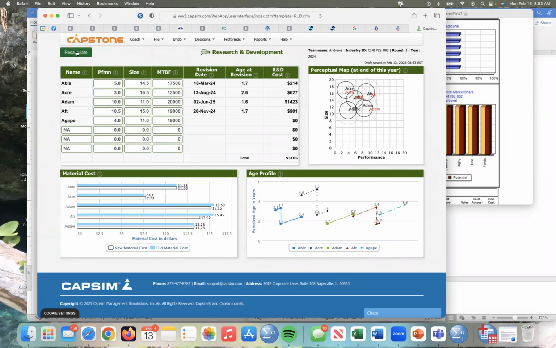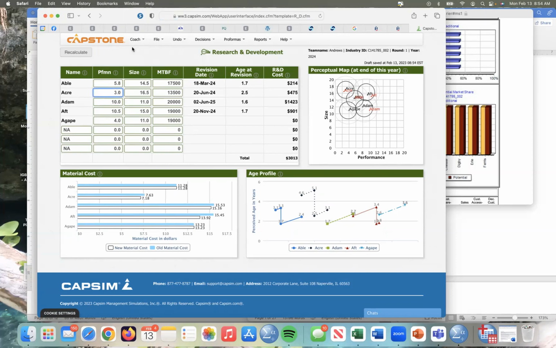Let's see what that does. Recalculate. Let's see, we'll bring this up to 4.0. Let's see what that does. All right. That's going to bring it 5. Calculate. And I'm trying to figure out where it was to begin with. That's not actually. So we'll keep it at that.